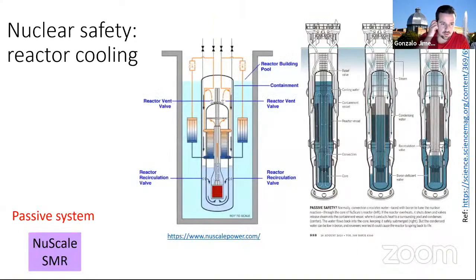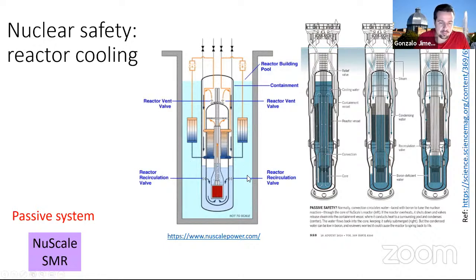If we go to small modular reactors, how can we deal with that? An example is NuScale, in which the reactor is in a pool. We have the vessel, covering the vessel we have what is called the containment, and then everything is inside the pool.